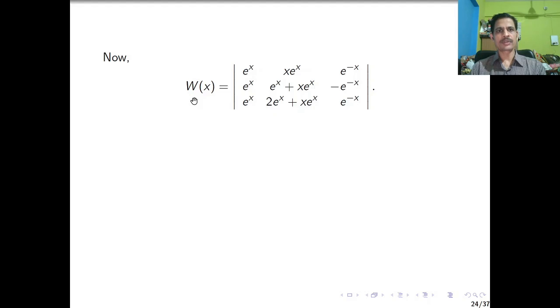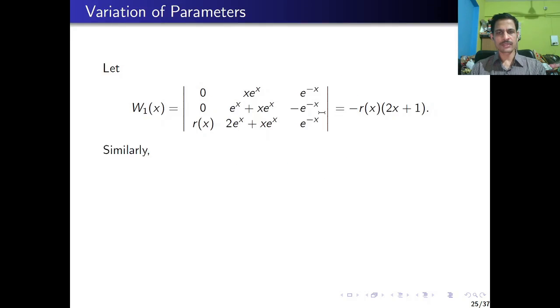And we compute W3(x) by replacing the third column here by 0, 0, r(x) and keeping the other entries as they are and computing the determinant. So when you do this computation, we get W2(x) to be equal to 2r(x) and W3(x) to be equal to r(x) e raised to 2x.